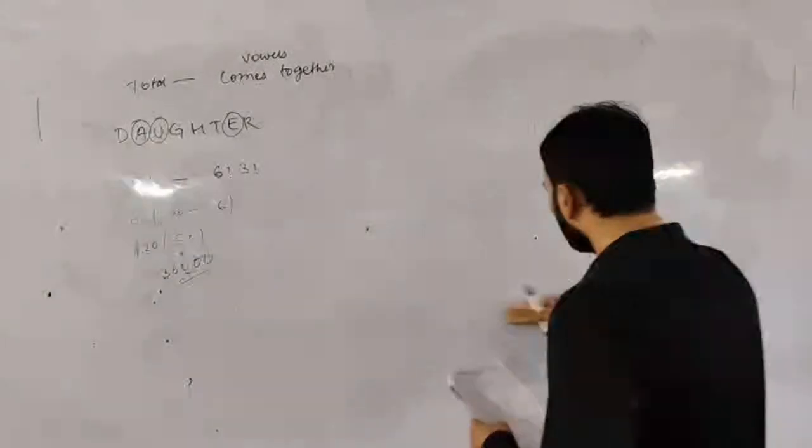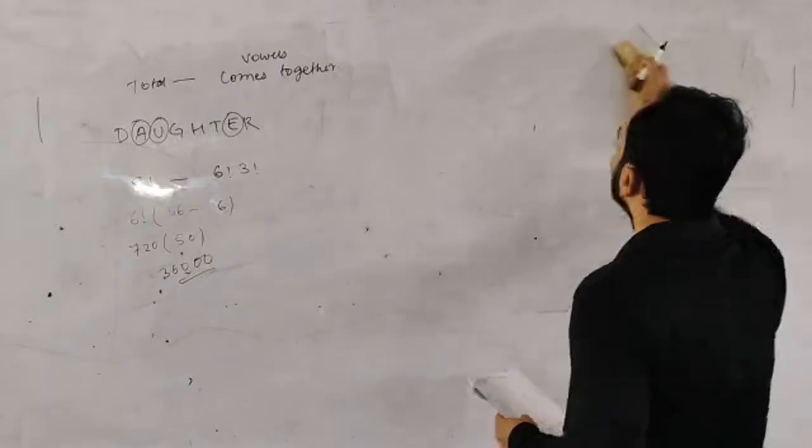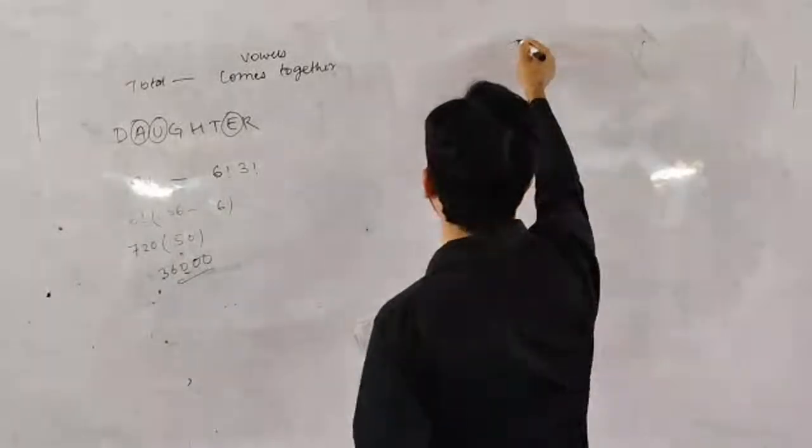This will be question number 5 from the permutation and combination. Just see what the question says. Question number 5.